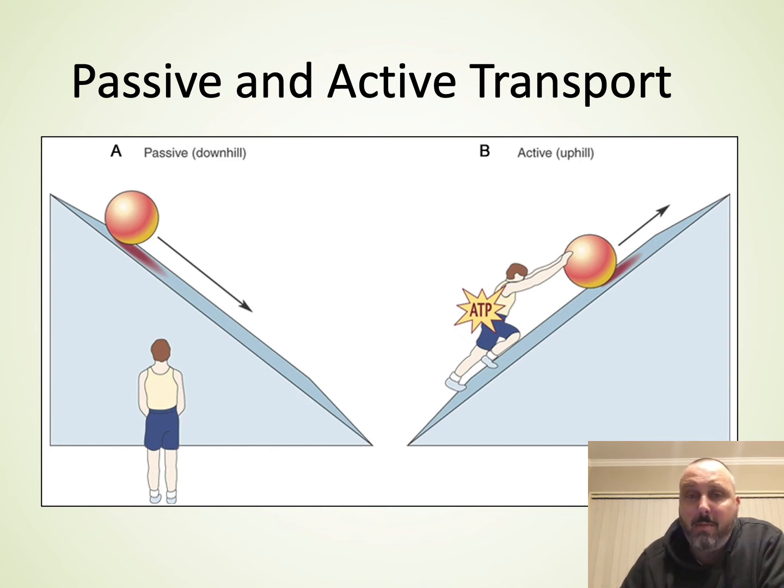So if we had the same cell that had lots of sodium inside and not very much outside, but because of the function of the cell we wanted to continue to move more sodium into the cell, then it would be an active transport mechanism, and it would need energy, it would need ATP, because you're going against that natural diffusion gradient.